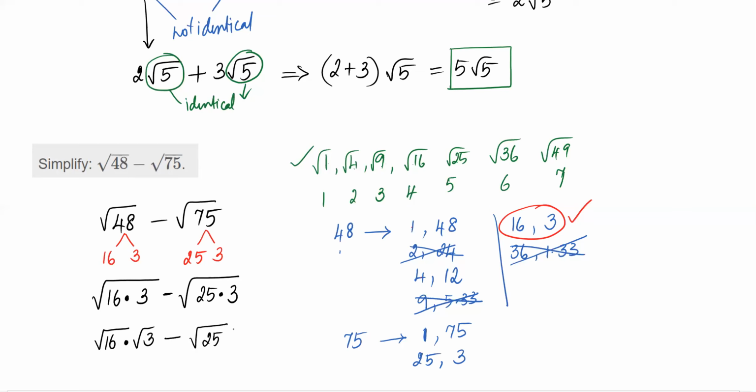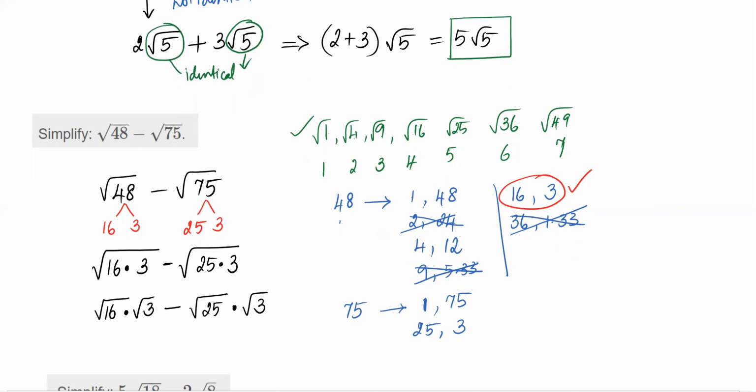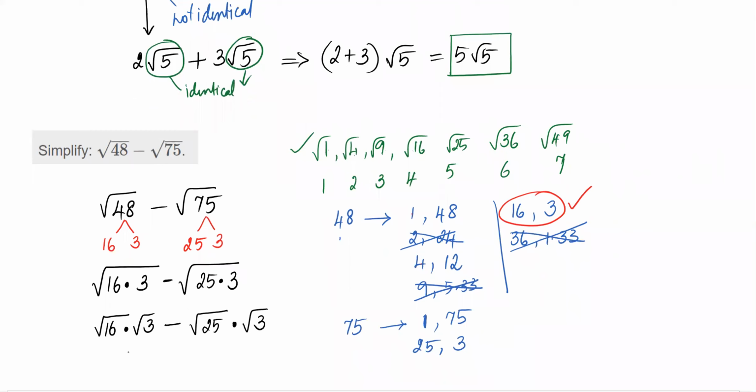So that's 25 times square root of 3. I'm a little crowded here. Okay, square root of 16 is 4. We expect that. Right? Square root of 25 is 5. I don't have to put the times in between them because when I shove them together, we know that they are being multiplied. Are these like terms? Yes, they are identical.